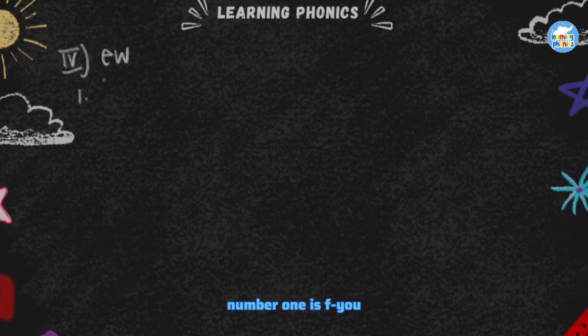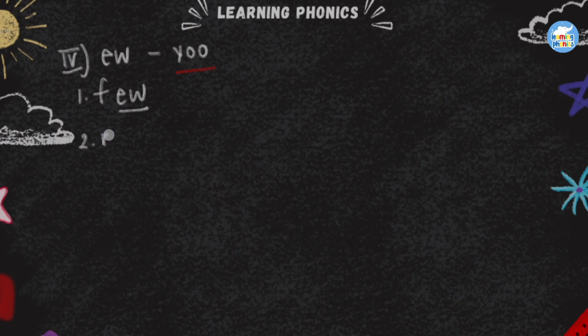Number one is few. It's saying U, not oo. Number two, mew.